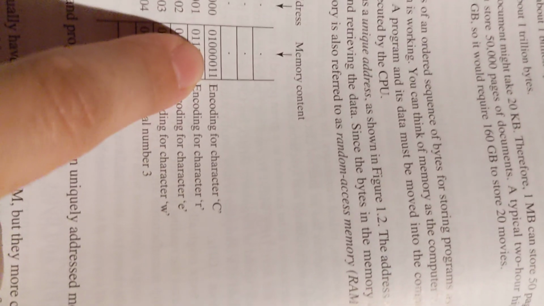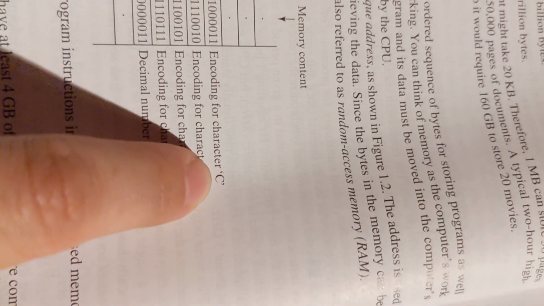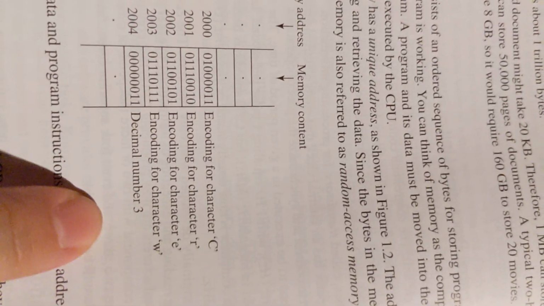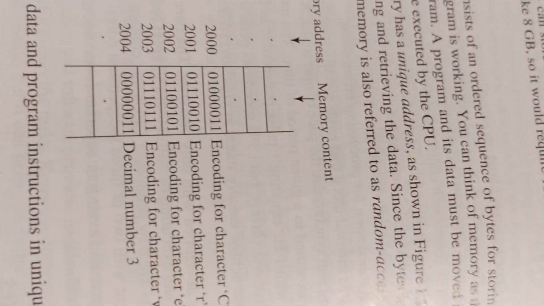So this literally stands for capital C and so on, little r. And as we'll learn throughout the book, there's more information on the actual letters, at least that's what I remember. Alrighty, so that just shows the memory stores data and program instructions in unique address memory locations.